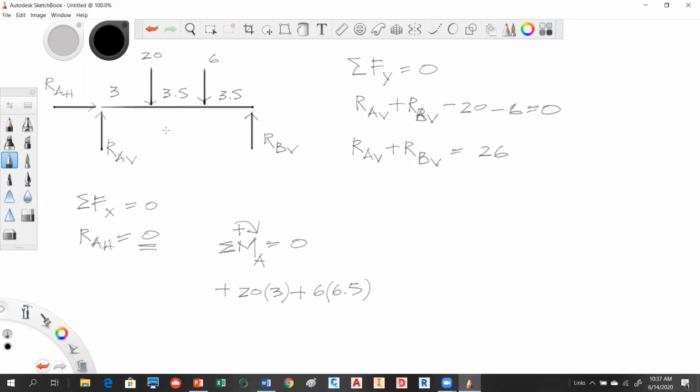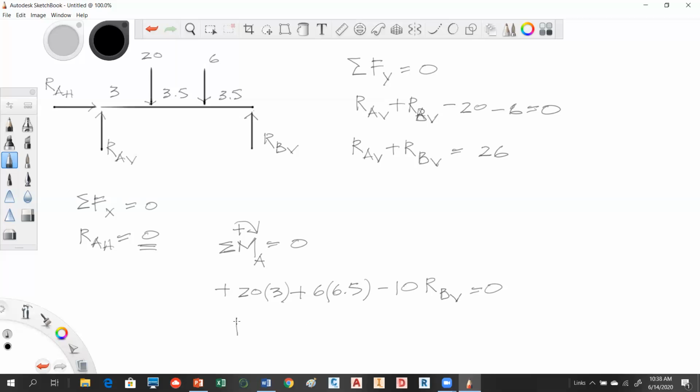The last thing, we know that this is 10 meters across. RBV is tending to act counterclockwise, so we're going to count that as a negative 10 RBV, and by equilibrium, this has to be equal to 0.